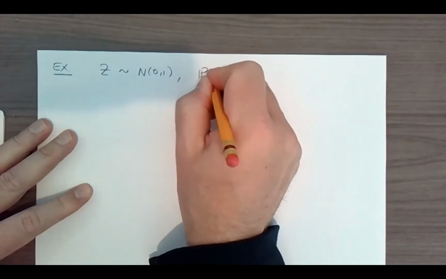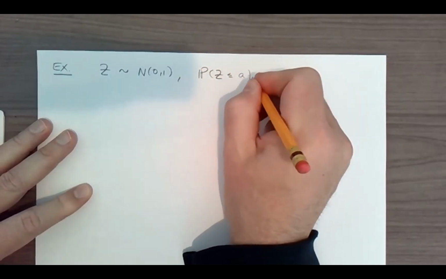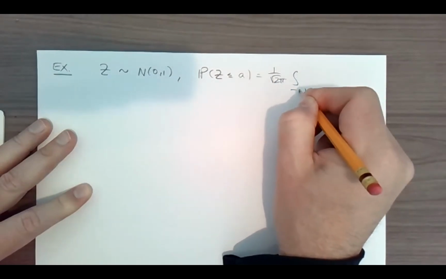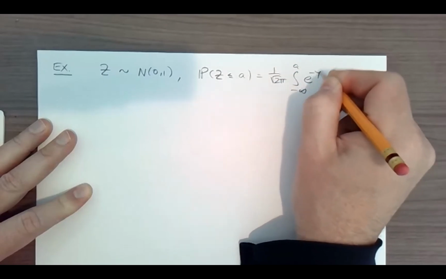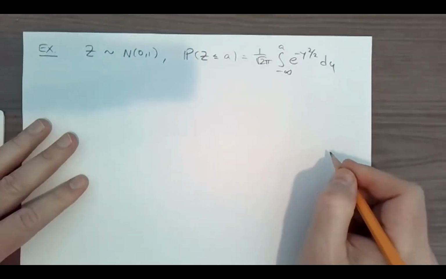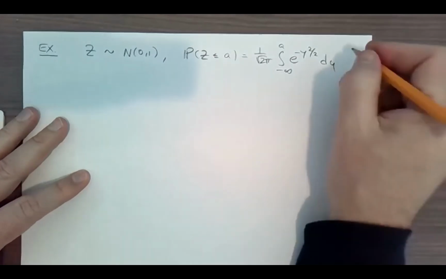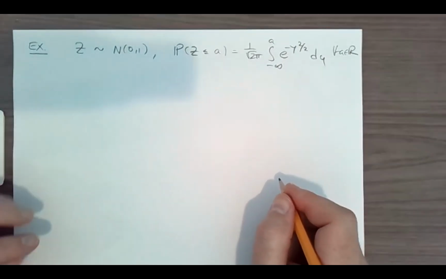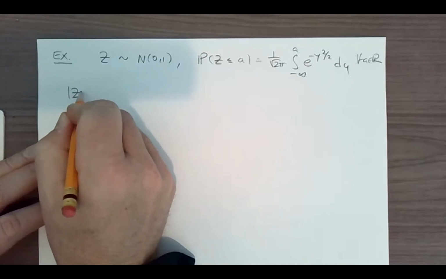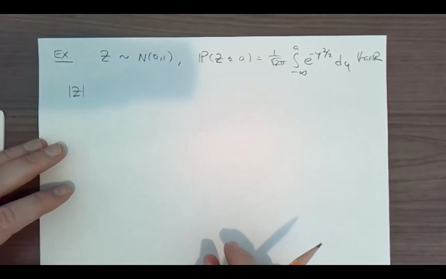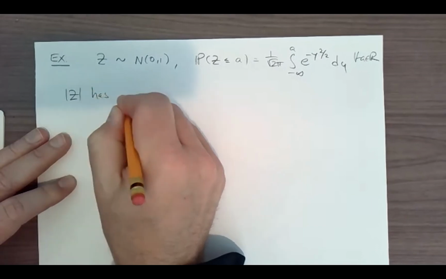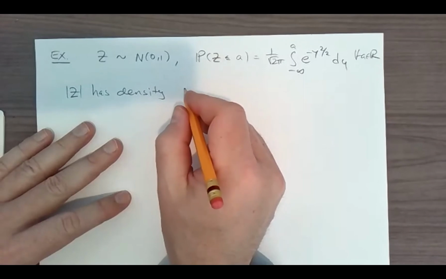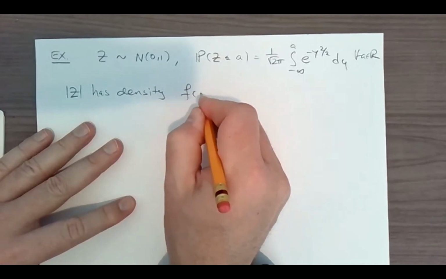Right. So that's the probability that Z is less than a, which is this Gauss function integrated from minus infinity to a of e to the minus y squared over 2 dy, where a is in R. So if I look at the absolute value, and then this has density, so this is f of x.